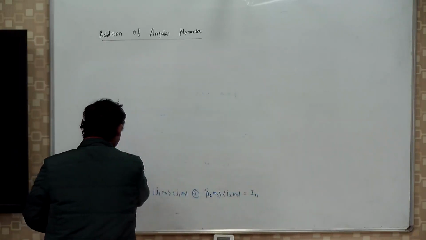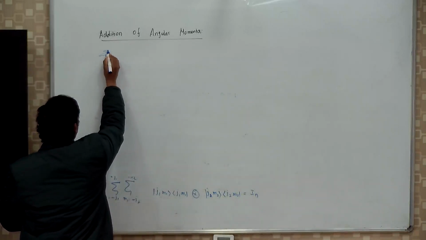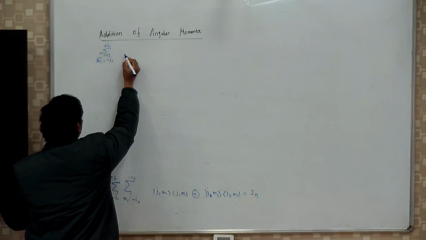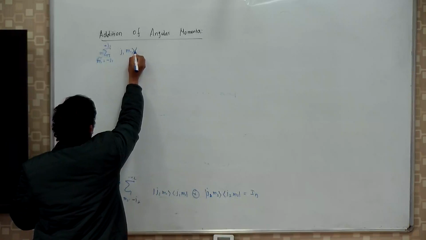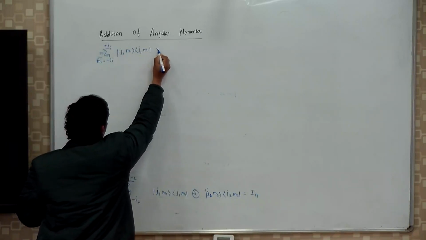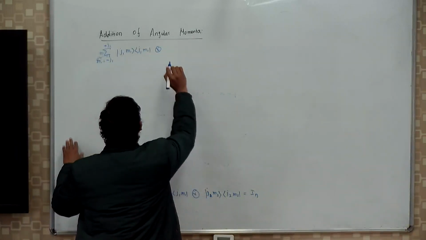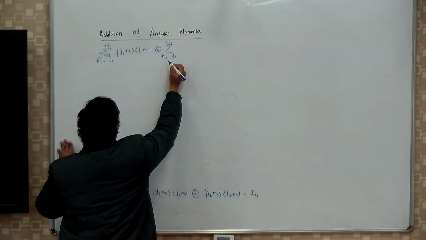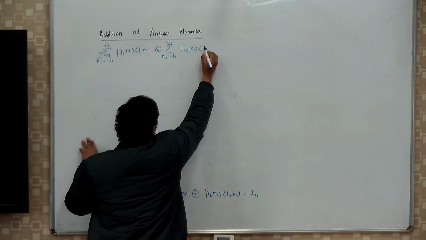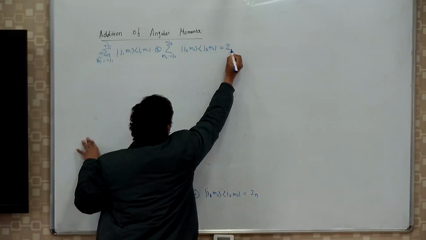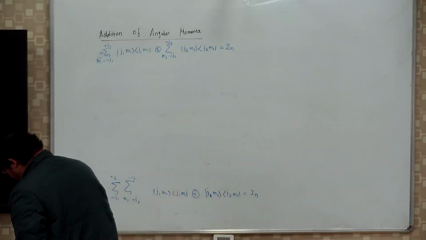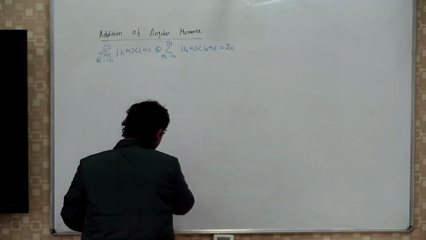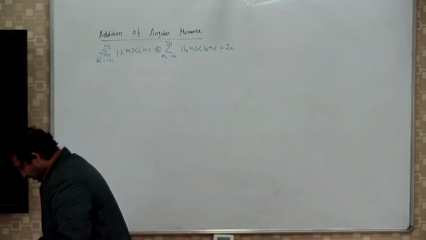This can be further simplified: the sum over M1 from minus J1 to plus J1 of |J1 M1⟩⟨J1 M1|, tensor composition, with the sum over M2 from minus J2 to plus J2 of |J2 M2⟩⟨J2 M2|. This is another version of the completeness equation, by composing the two Hilbert subspaces H1 and H2. Fine.